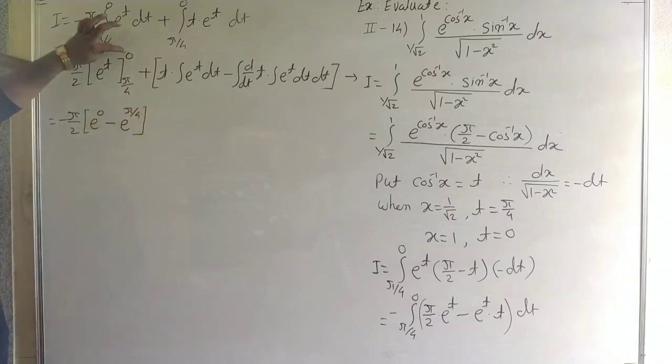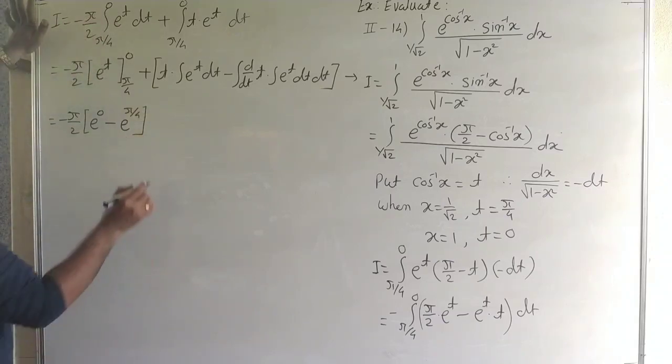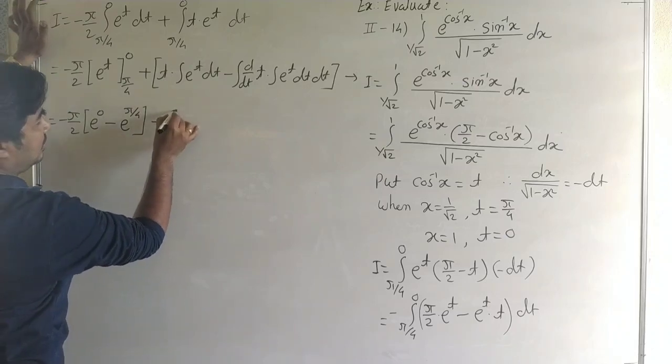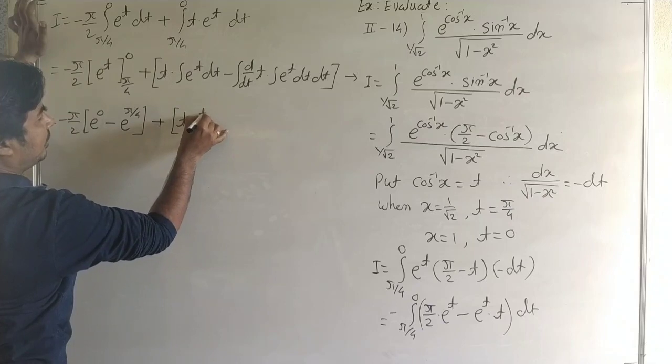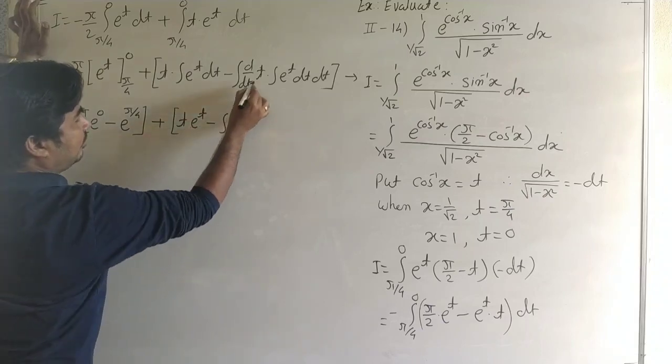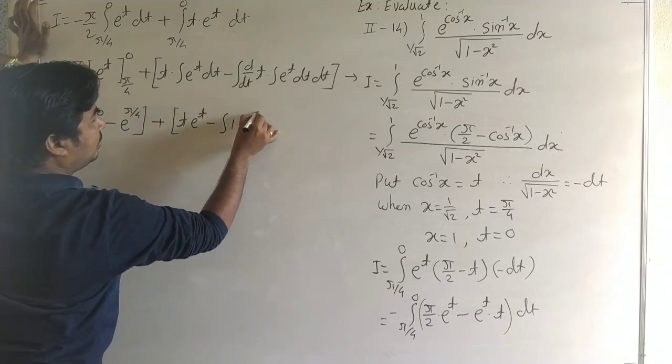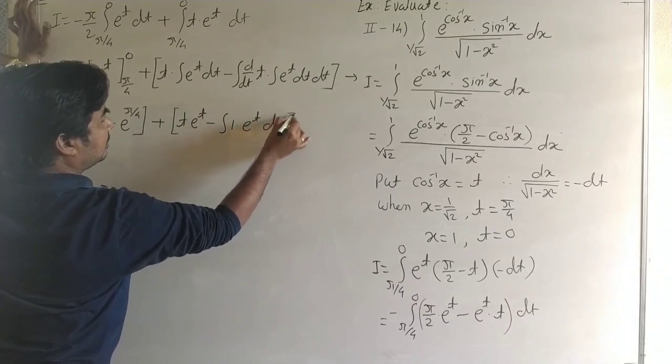Here we put upper limit minus lower limit, and now it is an integral. We can solve this. It is t into e to the power t minus the integral of 1 into e to the power t dt.